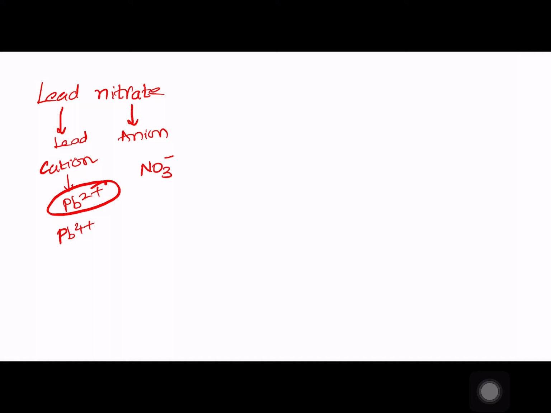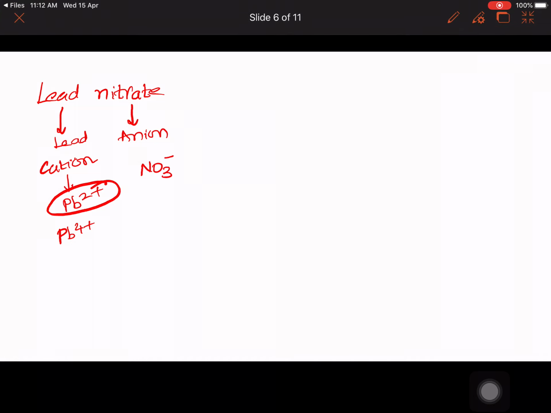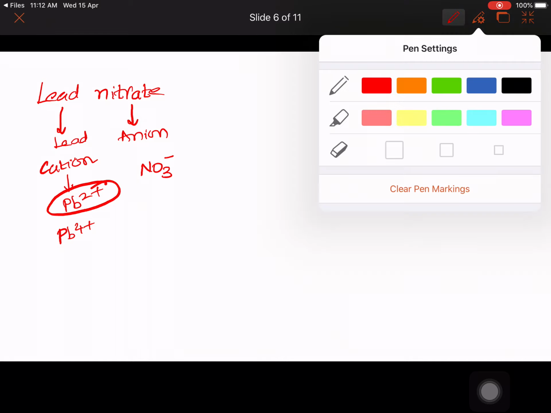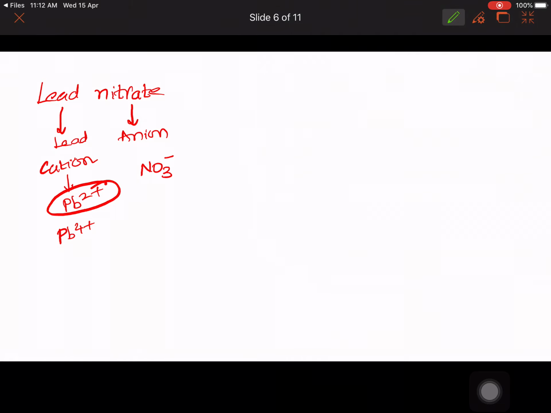So how do we write the formula now? The art of writing it depends on the valence of the respective cations and anions.